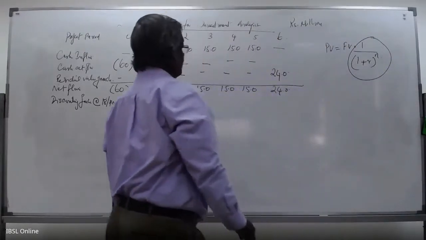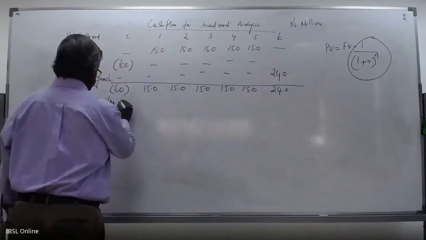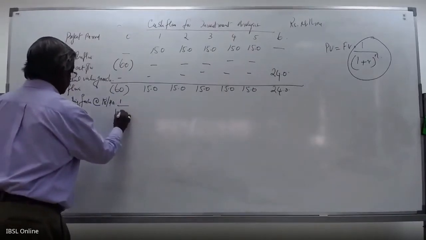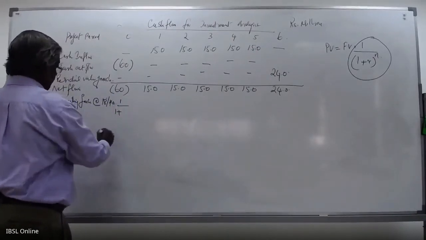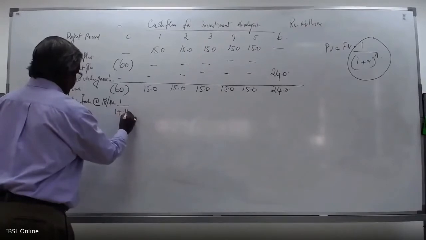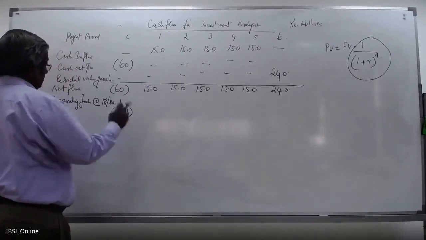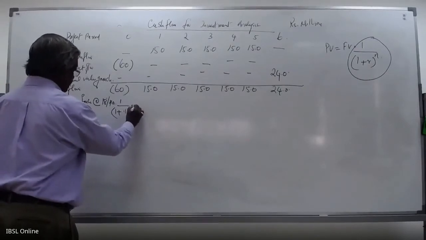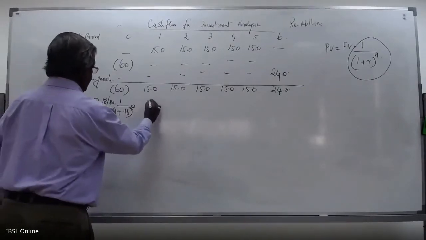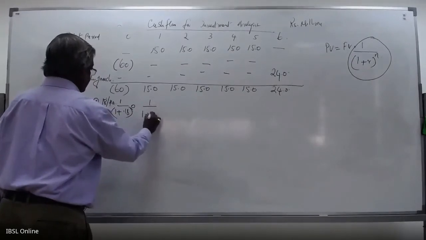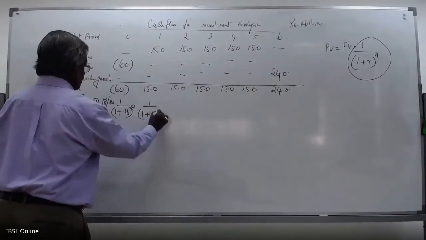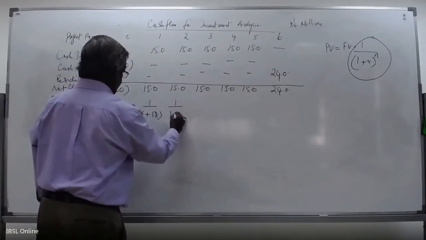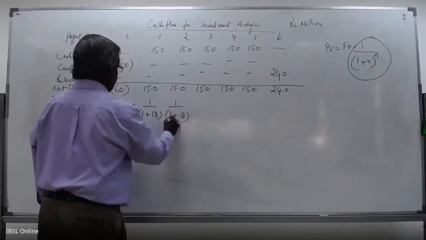That is 1 divided by 1 plus R, where R is 18%, 0.18, and n is 0, this is now, so to the power 0. Here 1 is divided by 1 plus 0.18 to the power 1. Here 1 is divided by 1 plus 0.18 to the power 2.